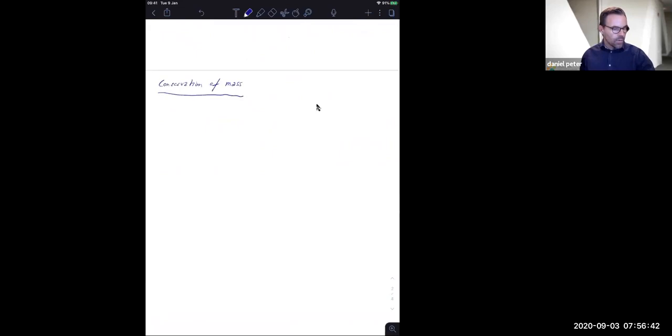And what we're going to start with is a simple example. The example is: what is the rate of change of an area?